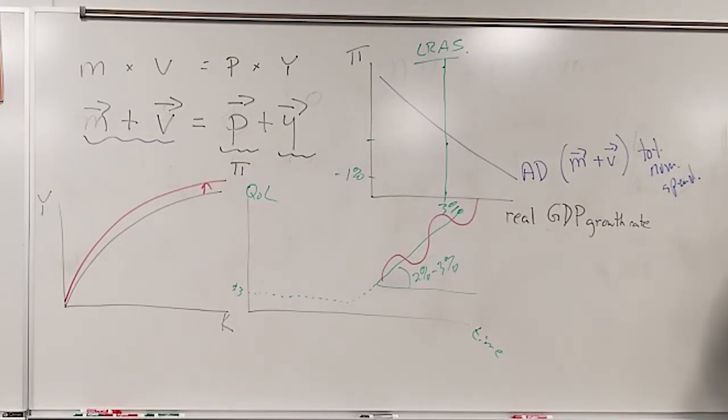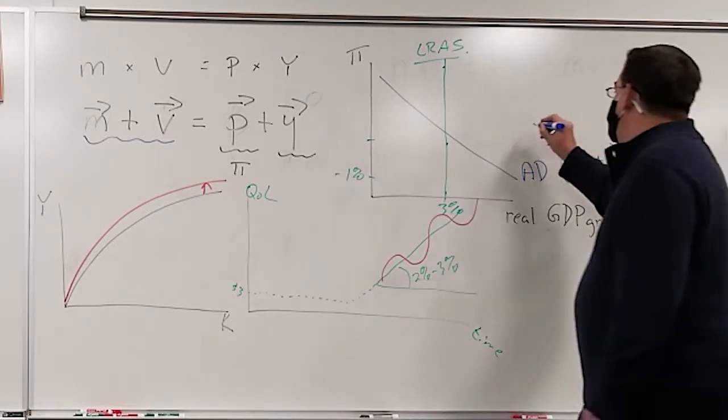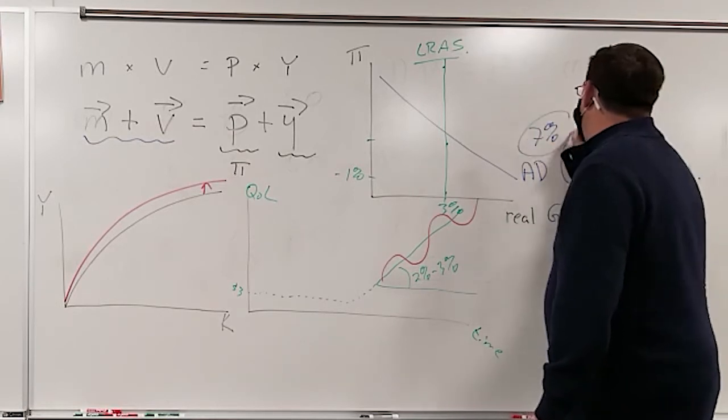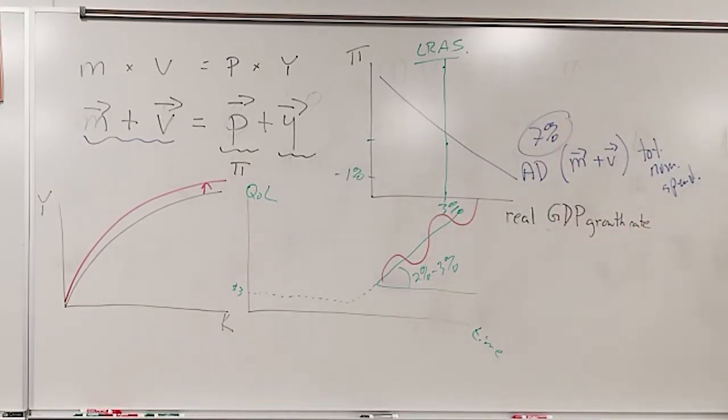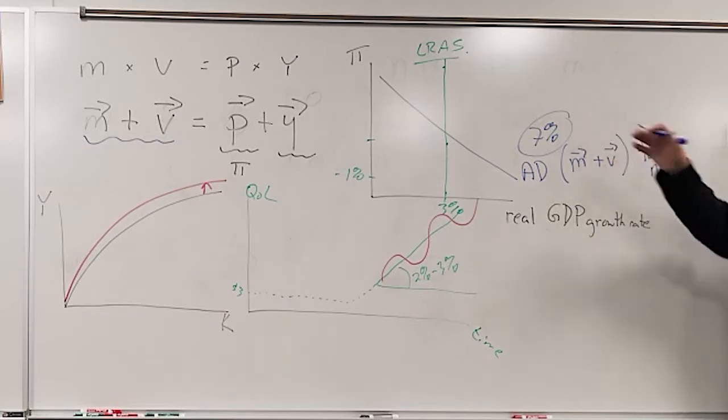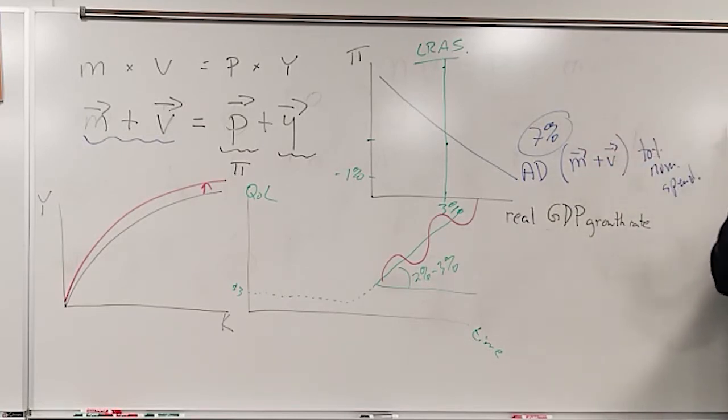So suppose this year you spend, in nominal terms, 7% more than you spent last year. In terms of the actual money flowing through your wallet, this year you spend 7% more than you did last year. Does that mean that you bought 7% more stuff? No. If everybody in the economy spent 7% more than they did last year, how much actual more stuff would they have bought?